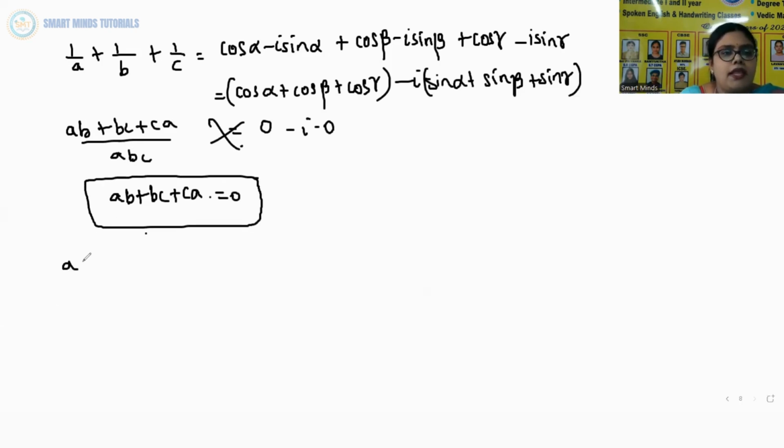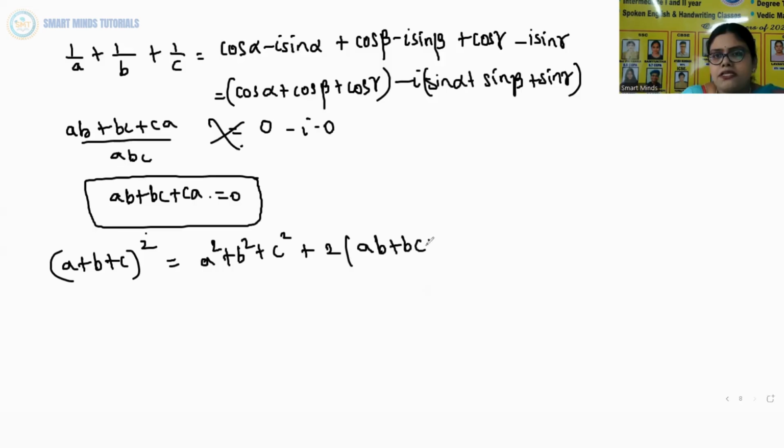Now we will take A plus B plus C whole square. What is the formula for A plus B plus C whole square? A square plus B square plus C square plus 2 into AB plus BC plus CA. But just now we got AB plus BC plus CA as 0.